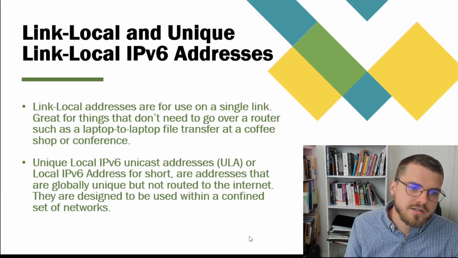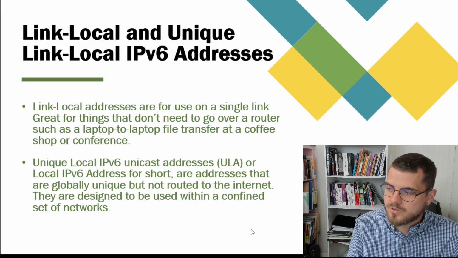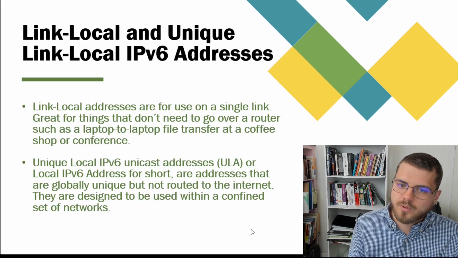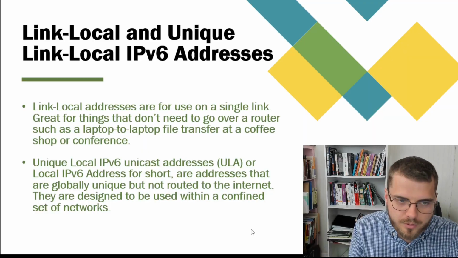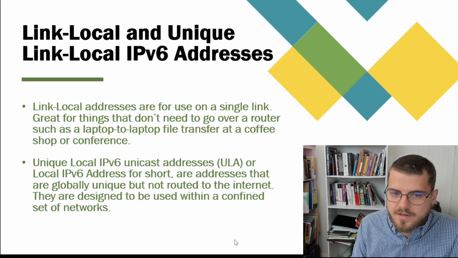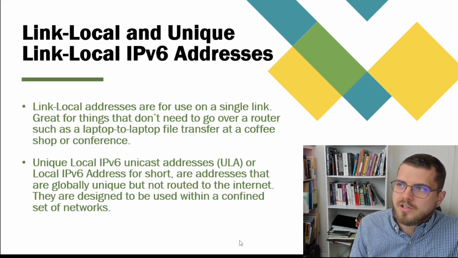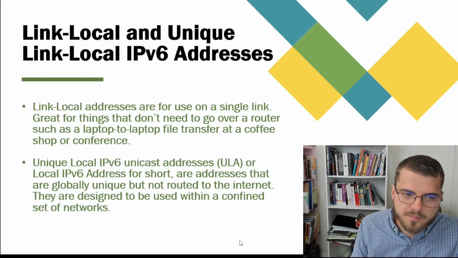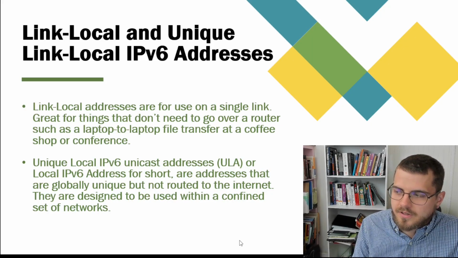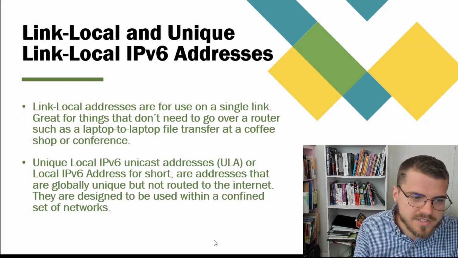So where a link local address, you would want to use it for like a laptop to laptop transfer, or basically a one-to-one. The unique one, you could use it across the network. So let's say you have an office space and you want to use this local IPv6 address for only in that office space. So it's not one-to-one, but it's still confined to a smaller network.